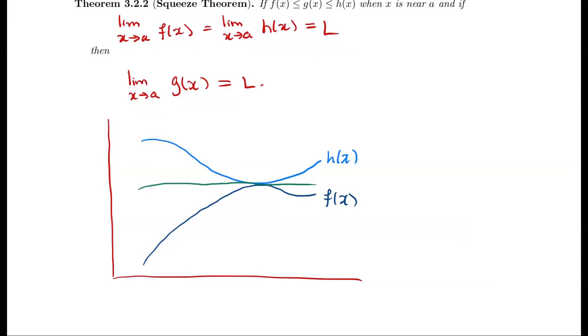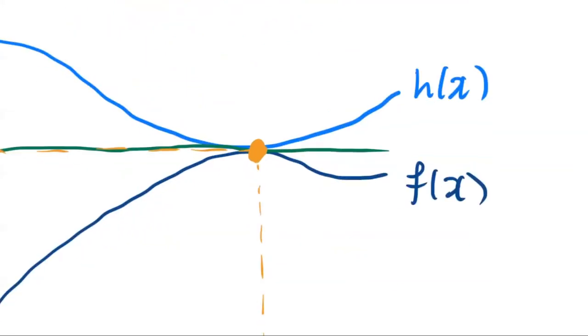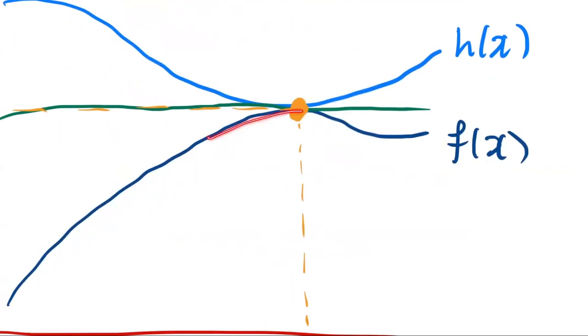So if this is the point a here, I'm going to denote this point as a, then the limit here is actually going to be L. So we see that as x is approaching a here, it is going to approach this L line. As it's going this way, same thing, this one here and this one here.